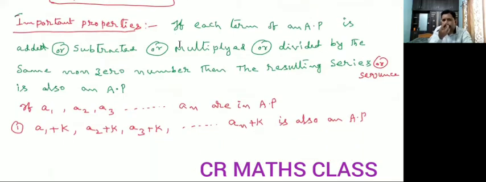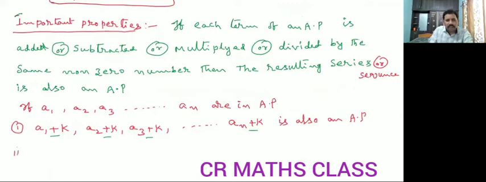So every term I added K. If you subtract K from each and every term, the resulting series is also an AP only.